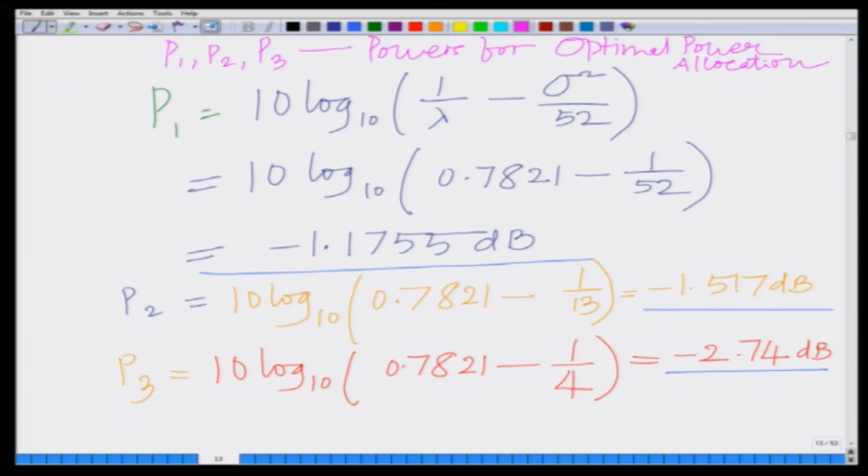And if you observe closely, you will see something interesting: power 1 is minus 1.17 dB, power 2 is minus 1.51 dB, power 3 is minus 2.74 dB.